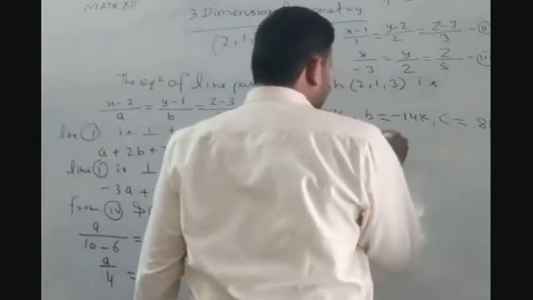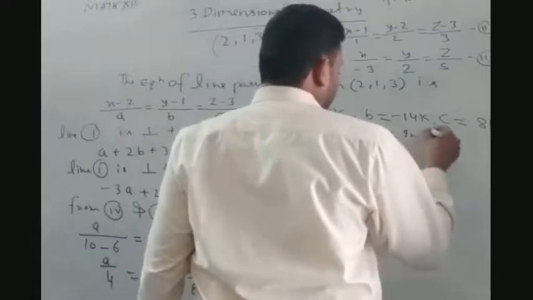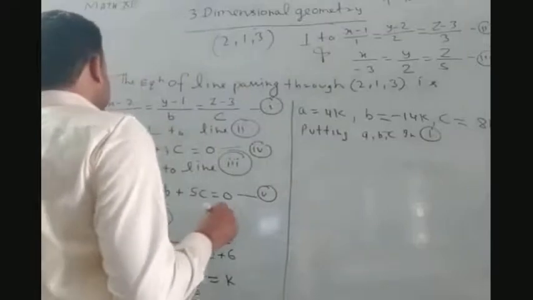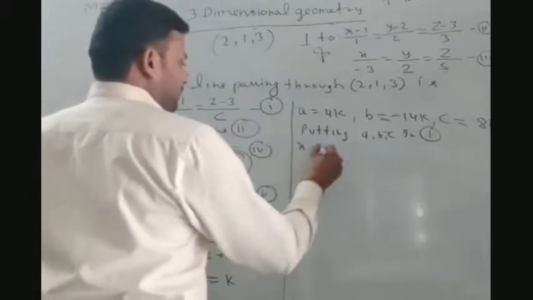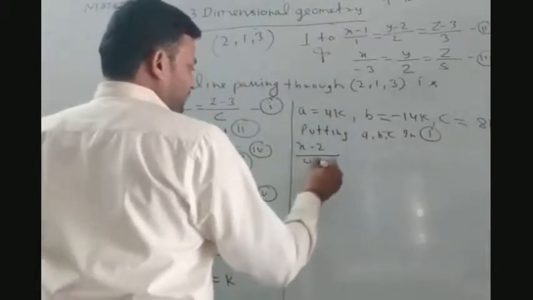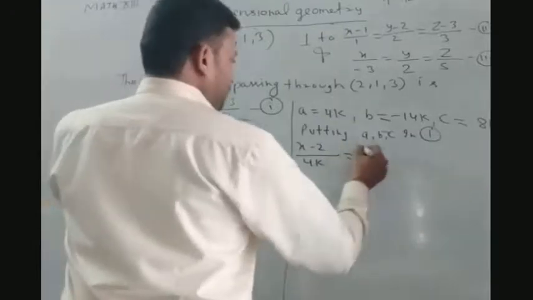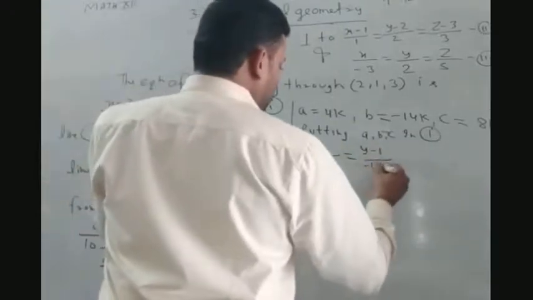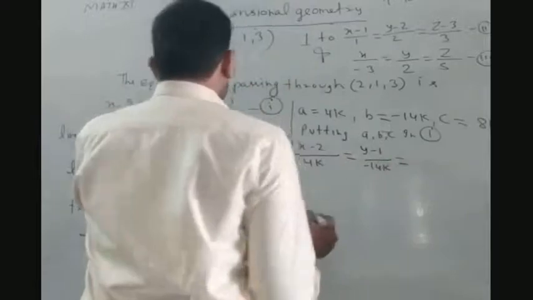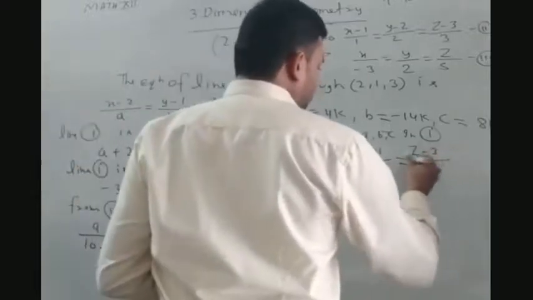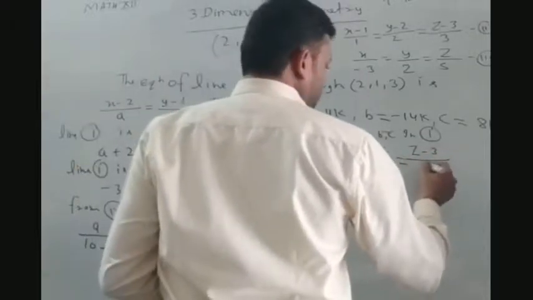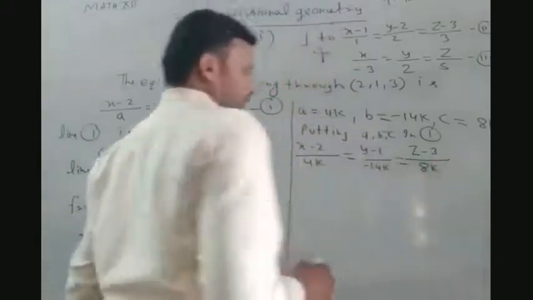Putting a, b, c in equation first, we get x minus 2 by 4k, y minus 1 by minus 14k, and z minus 3 by c, that is 8k.